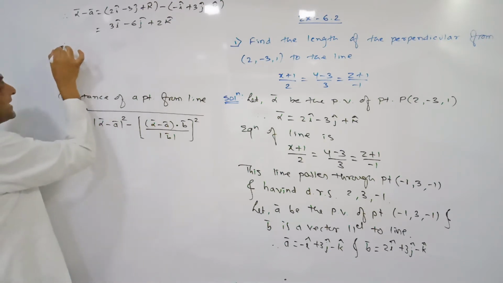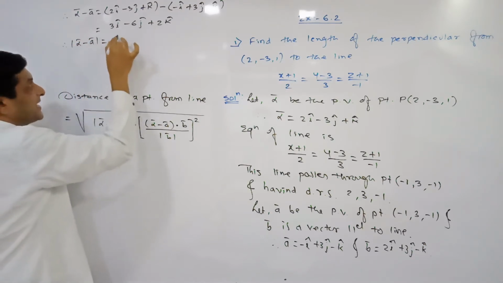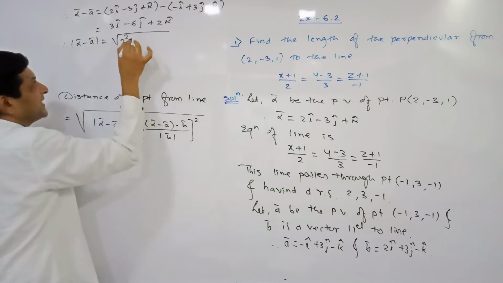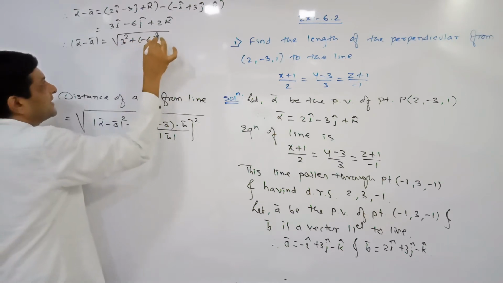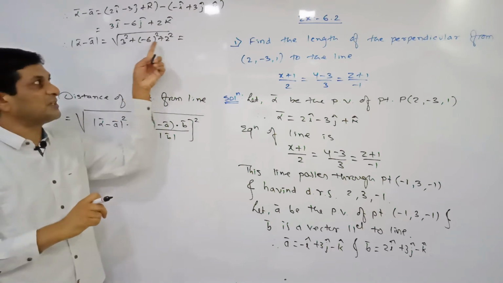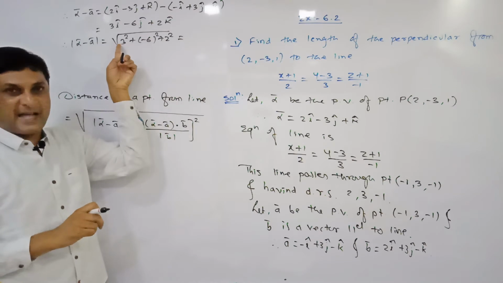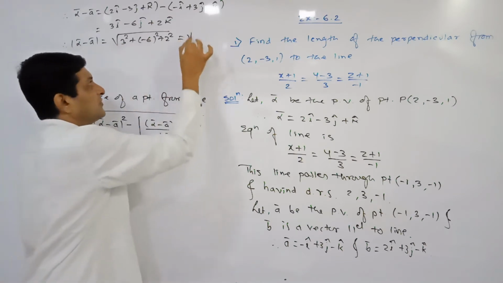Therefore the magnitude of alpha bar minus a bar will be equal to under root 3 square plus minus 6 square plus 2 square, which is equal to, what will we get here, 36 plus 4 is 40, plus square of 3 is 9, means the value will be equal to 49.